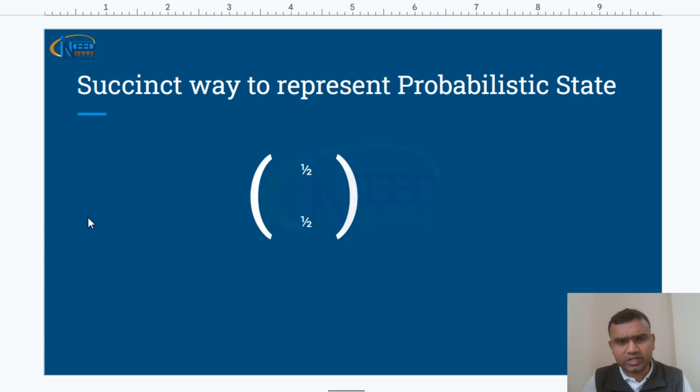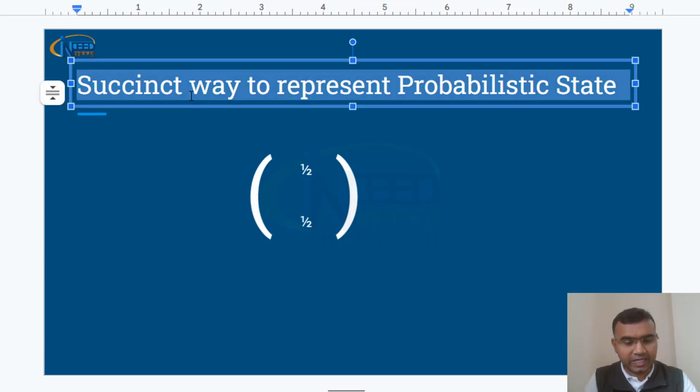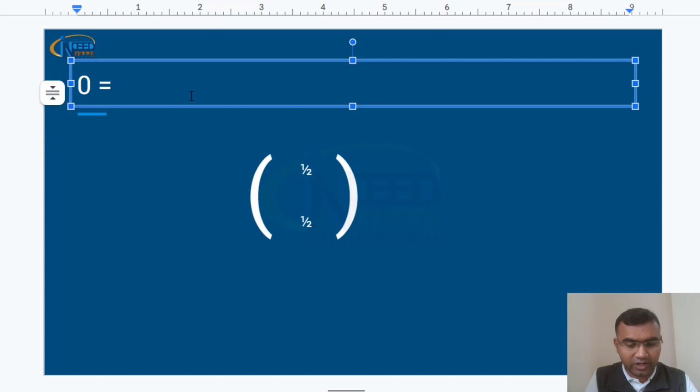Here it is a bit confusing in the sense that both the probabilities are 1 by 2, 1 by 2. So let's say 0 is having probability of 1 by 3, and 1 is having probability of, let's say, 1 by 4, and here let's say we have 3 by 4.